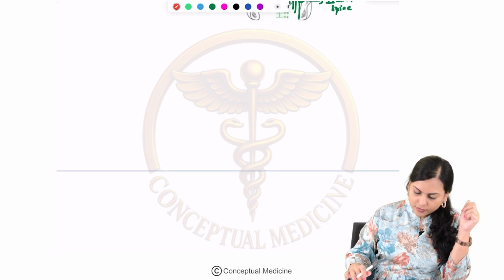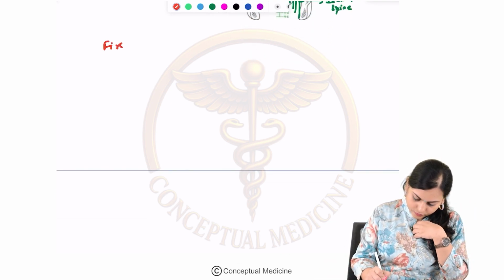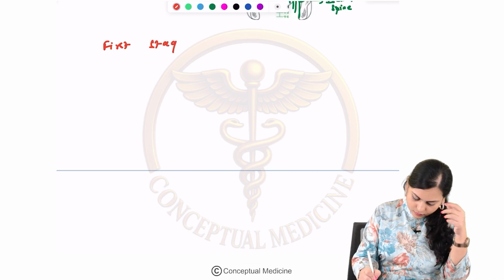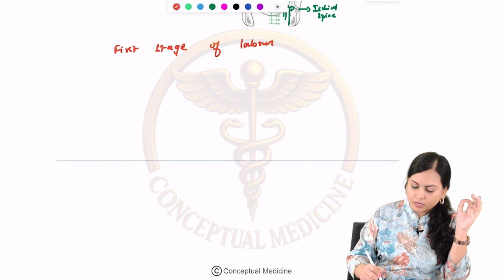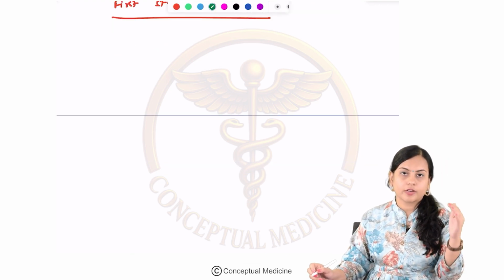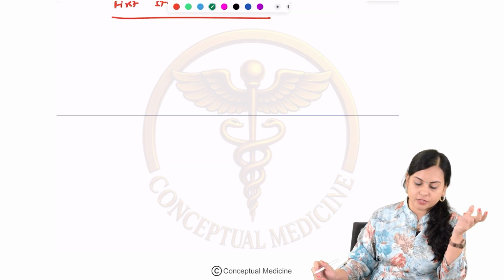Okay. Now, we will see the first stage of labor. So, our important point here is about the management of labor. We will see the intrapartum monitoring according to the stages and the risk of pregnancies. Okay.